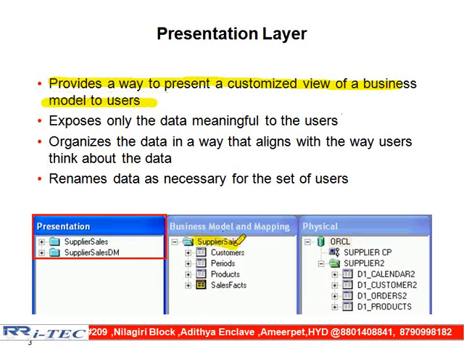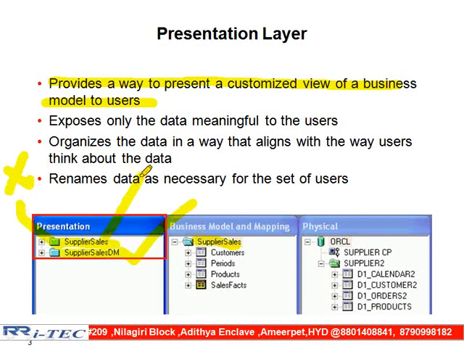This is my whole business model. Out of this, I configured some tables under supplier sales and some under supplier sales DM. Down the line, I am going to provide permissions also, in such a way that a district manager will be able to see only this one, but not this one.